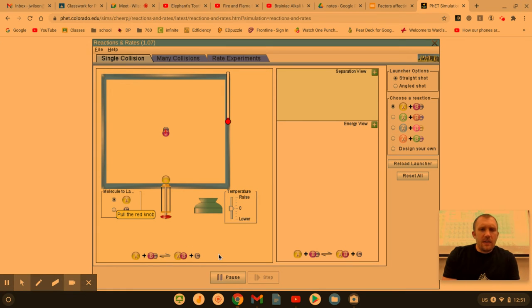If we fire two things that should react together, let's do it with a little bit of energy first. If I just do a little bit of energy, then they will collide, but they might not react. There might not be a reaction there because there's not enough energy, even though there's two things in there that should react.